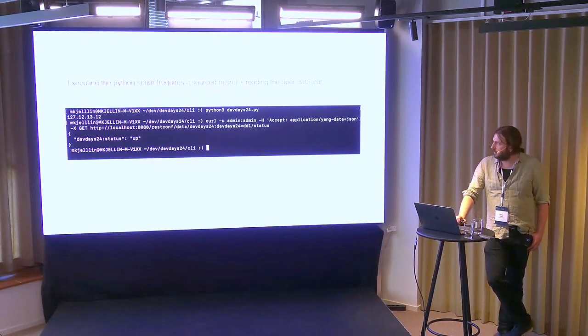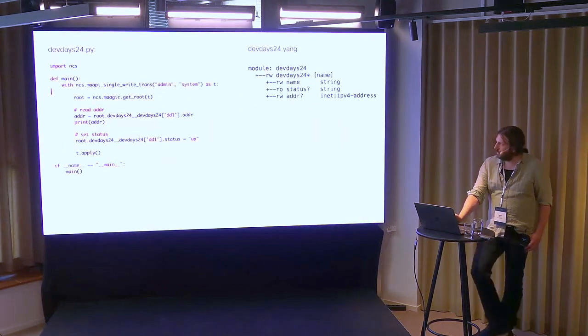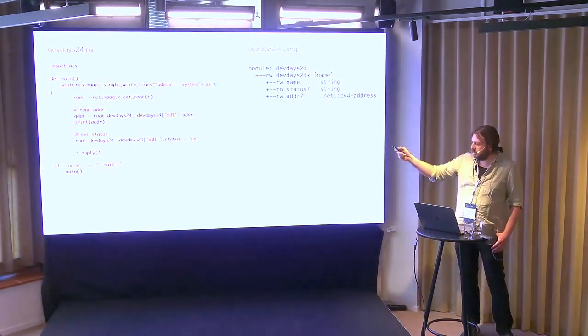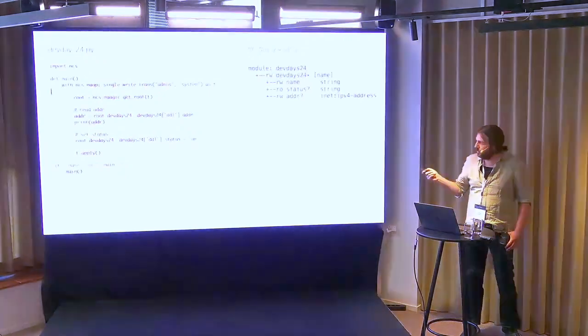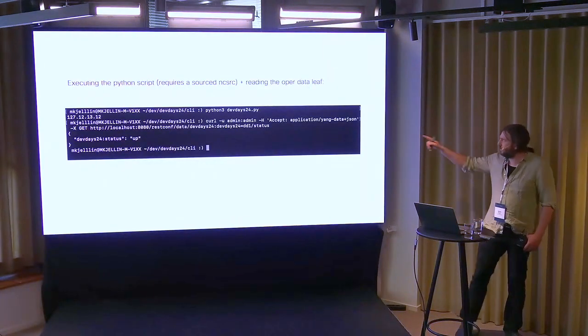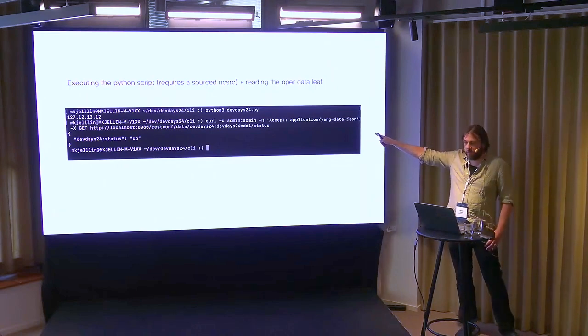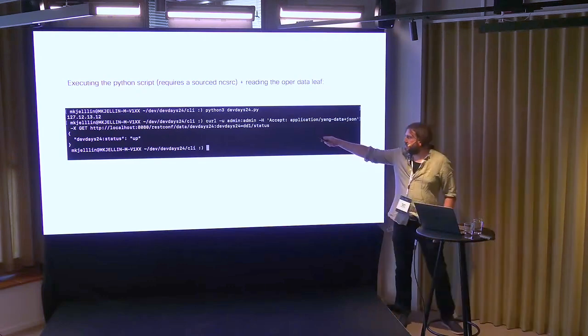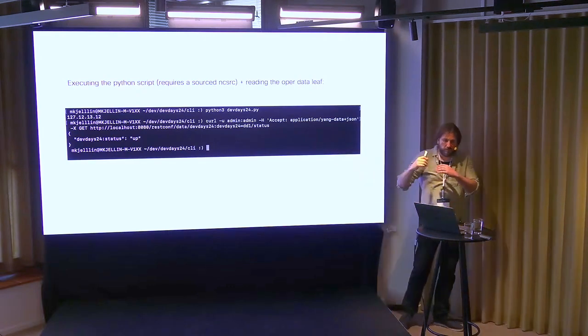And I see here that it prints an IP address, which I expected it to do. I showed earlier that that was what was provisioned. And below there, I used the same curl command with the same path, except that I've changed the address to status. They are on the same hierarchy.